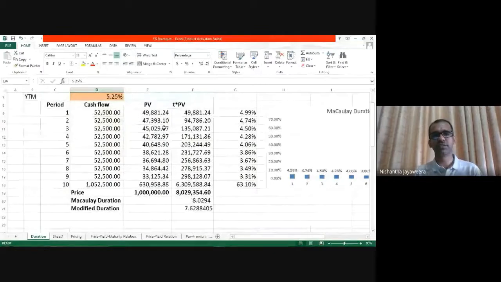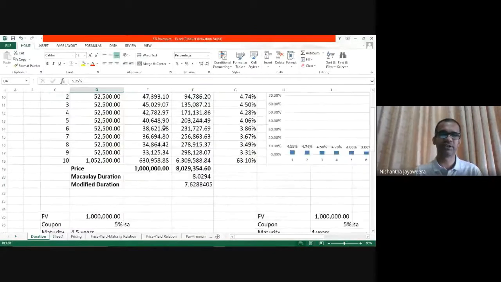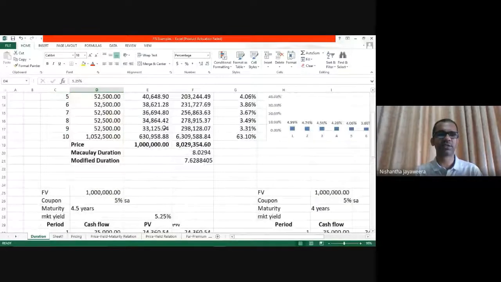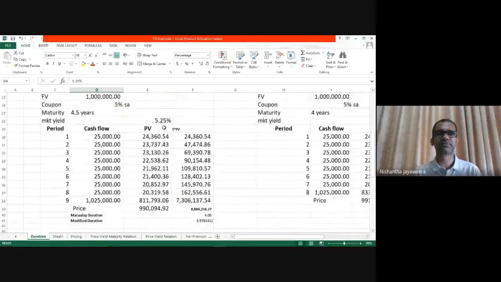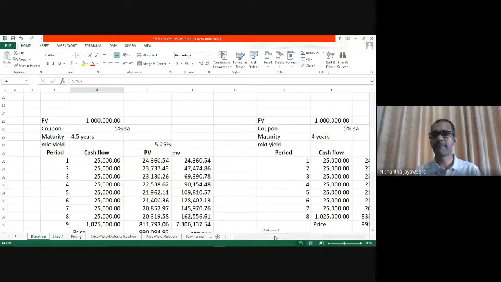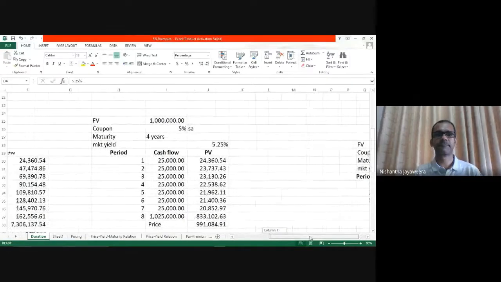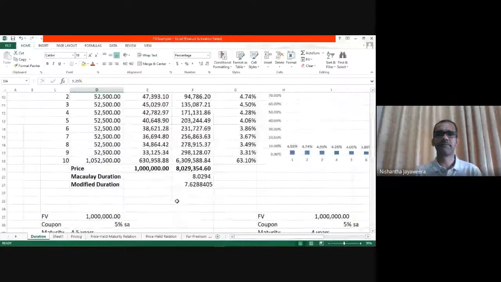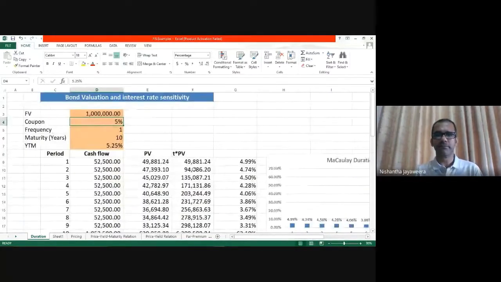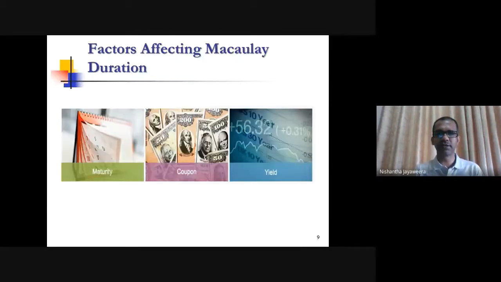If you want to see how it changes with the maturity, then we have to do another calculation. I'm not going to do that now.